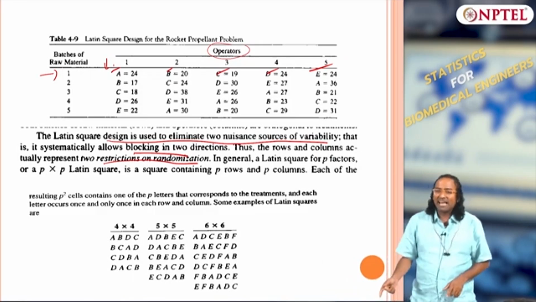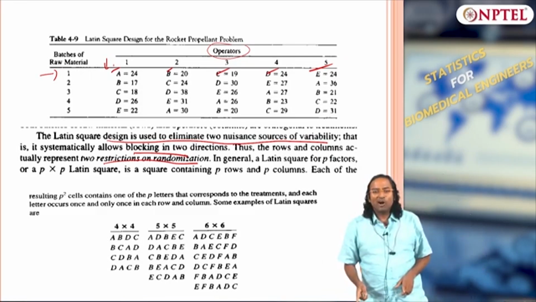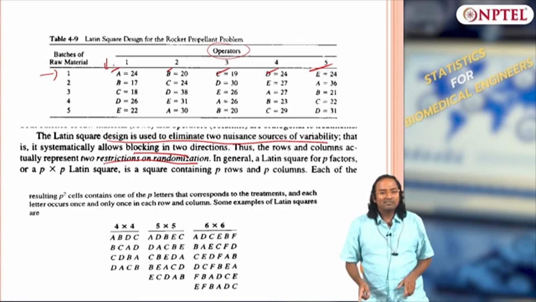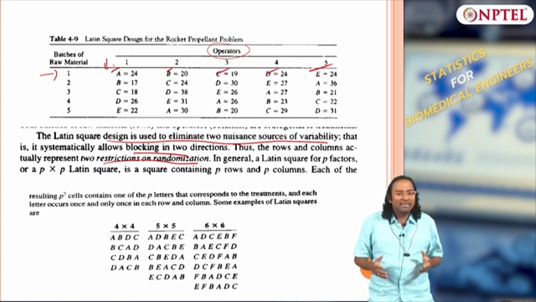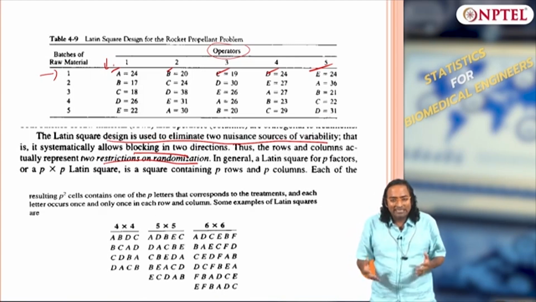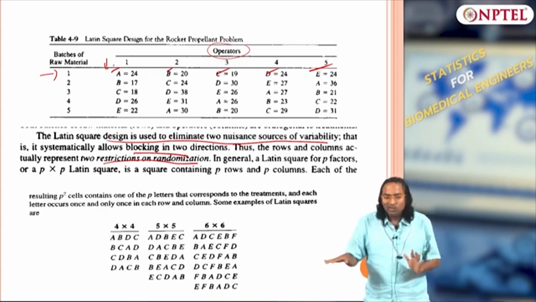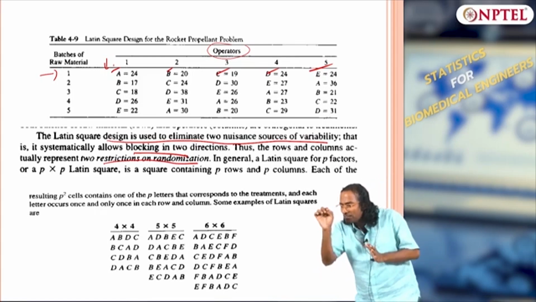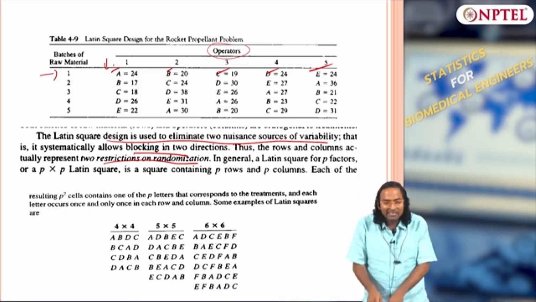This is exactly like your image. How do you represent an image? As a matrix: x direction, y direction, and what is inside the matrix? Value, intensity. Exactly like this.